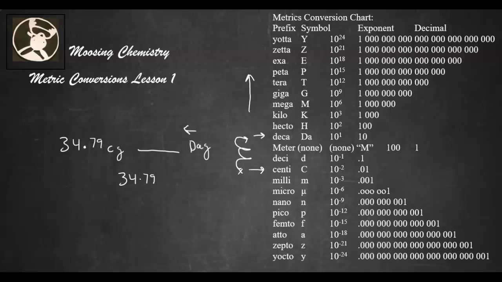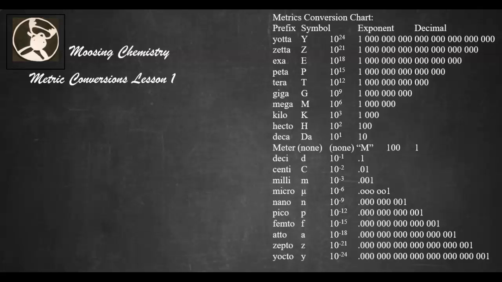We moved it 3 spaces. So in this case, our answer is going to be 0.03479. Now let's do one more. Okay, so I'm going to erase this one more time. We're going to do one more problem.